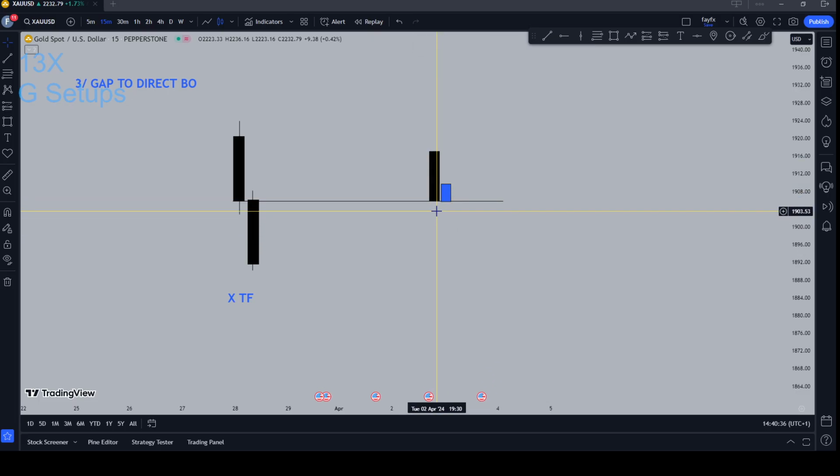The V level that got instantly broken. That's what we call a direct breakout.